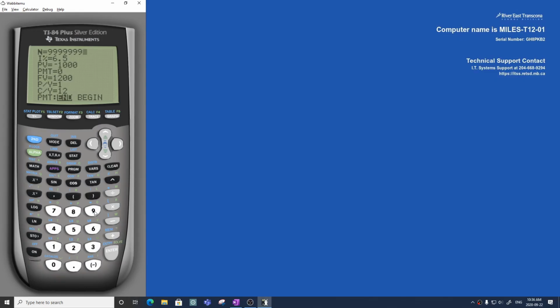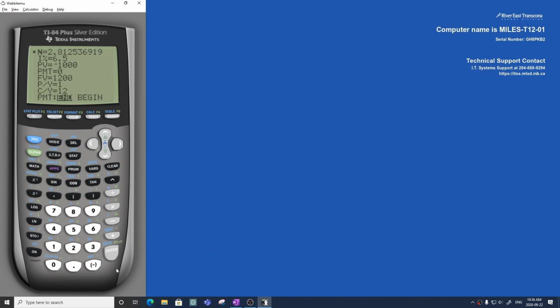So now I simply input all of my relevant data. And what I'm going to do now is simply calculate N. If you notice I put a bunch of 9s, that's my own thing because I want to figure it out and I don't want to make a transcription error or take anything for granted. So I'm going to hit solve, and what I get is 2.81253 years.